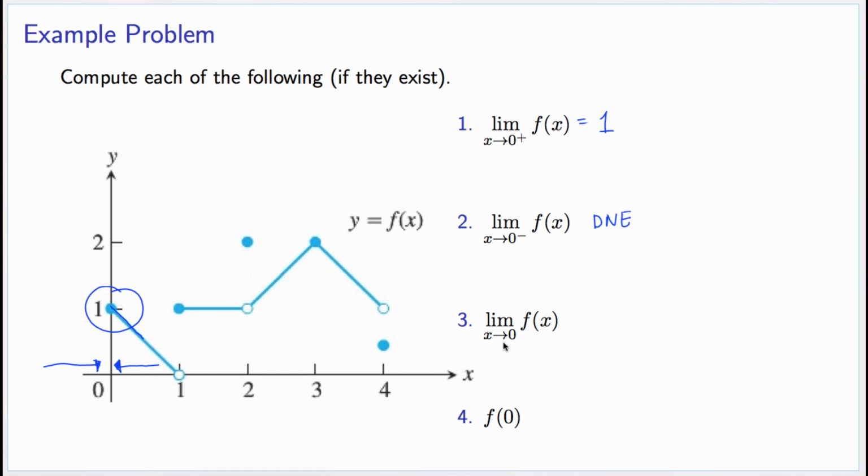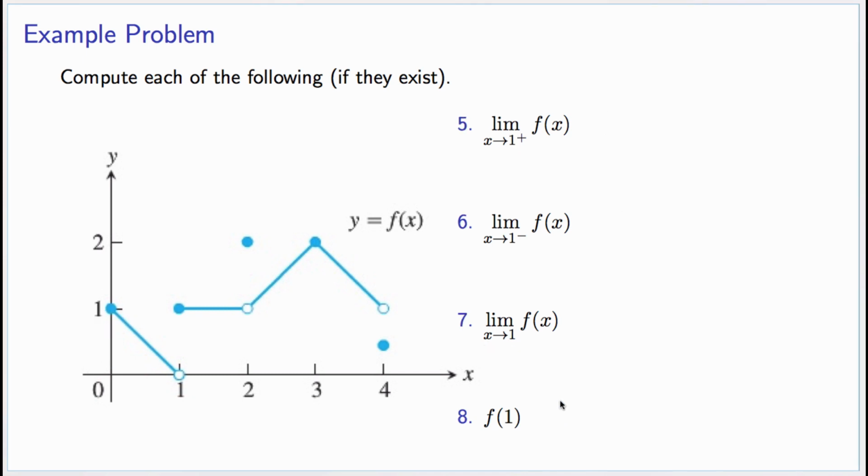Now for the overall limit as x goes to 0 of f of x, remember for that limit to be equal to L, we would need both our right and left-hand limits to be equal to L. Our right and left-hand limits are not the same, so this limit does not exist. Finally, the value of f of 0, so what is the value of f of x when we plug in x equals 0? This closed circle here tells us that the value f of 0 is equal to 1.